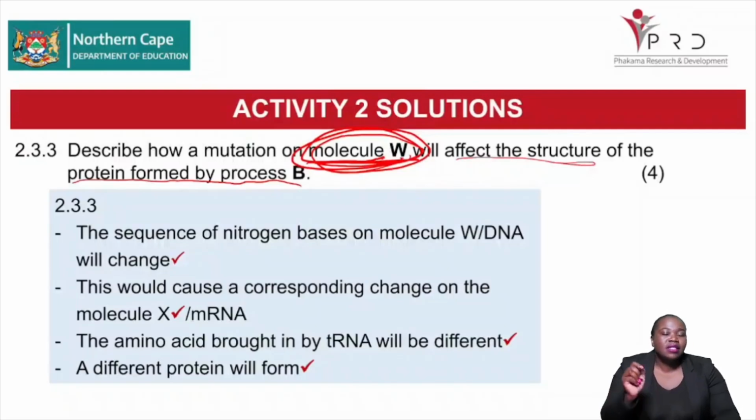Because remember, the DNA molecule is the one that controls the process of protein synthesis, the one that controls the protein that is formed. So whatever change happens to the DNA molecule, there's going to be a change on the mRNA molecule. If the mRNA molecule changes, the tRNA changes. If the tRNA changes, the amino acids brought in by the tRNA will be different. And that means that the protein that is going to be formed at the end of the day is also going to be different.